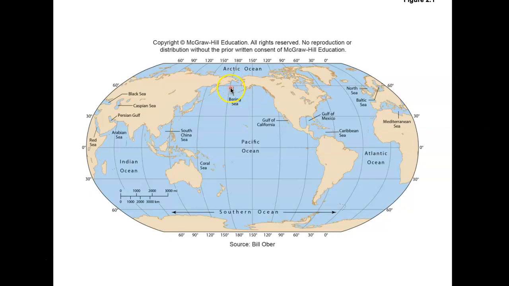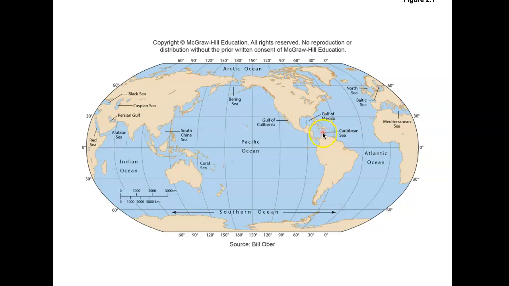So we call this the Bering Sea. These seas are partially enclosed, partially protected areas, like the Gulf of Mexico you can see here, which is protected by Central America and North America.